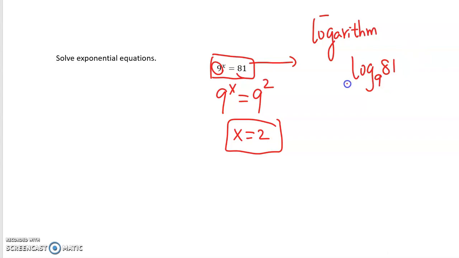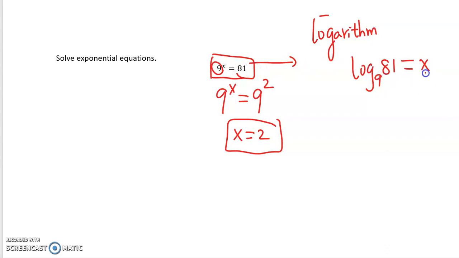So we have this expression, called a logarithm, and it is looking for the exponent x. This is how we rewrite this exponential equation as a logarithm.